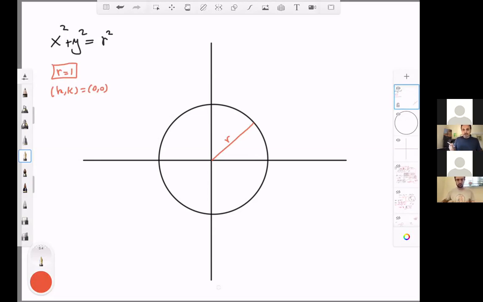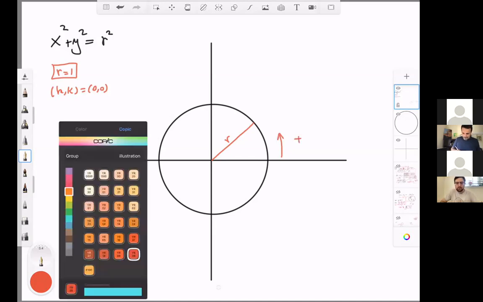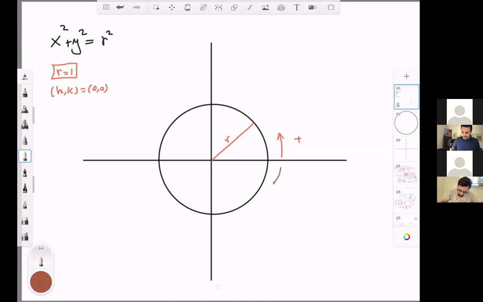We read the angle on the circle this direction. If we go counterclockwise, it will be plus. When we go the other way, clockwise, it will be the negative direction.